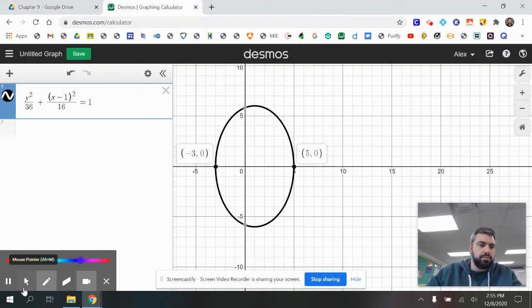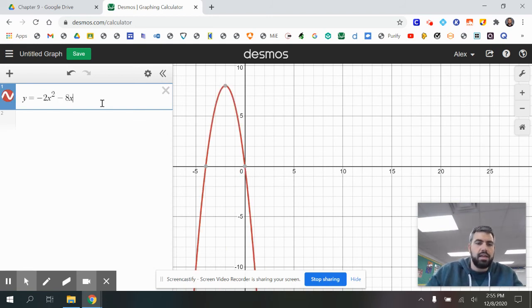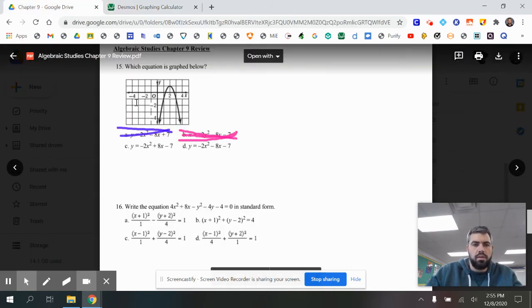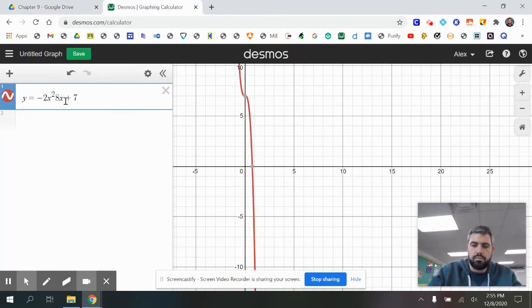So we get y equals, excuse me, -2x squared minus 8x plus 7. Or excuse me, plus 8x minus 7. That looks pretty good.